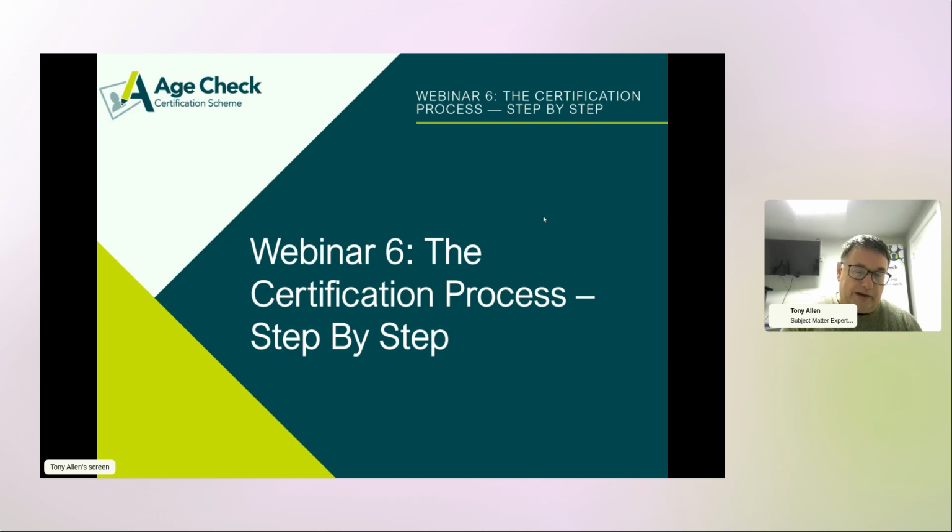And that enables it to be accredited certification. That all sounds very complex, and I appreciate that it is quite complex from our perspective. It's much less complex from your perspective as relying parties or as age assurance providers. Basically, that's the way in which we can get the UK Accreditation Service to accredit the activities that we do for certification.